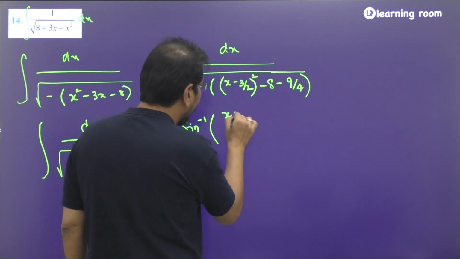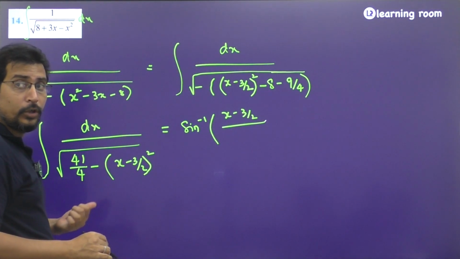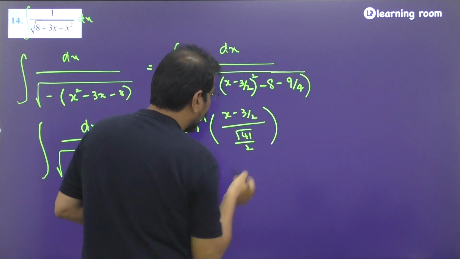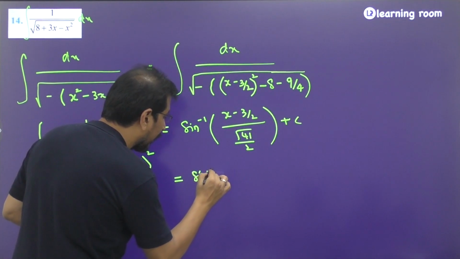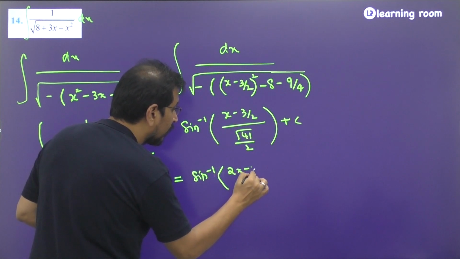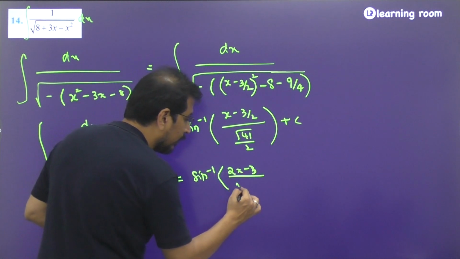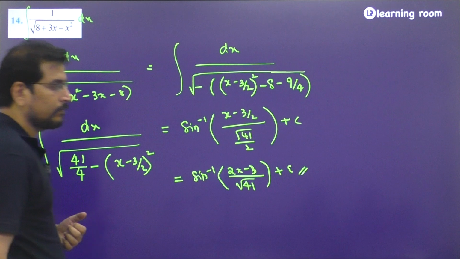So x is going to be x minus 3 by 2. And what is a? It is root 41 by 2, plus c. So when you take the LCM, you're going to have sine inverse of (2x minus 3) divided by square root of 41 plus c.